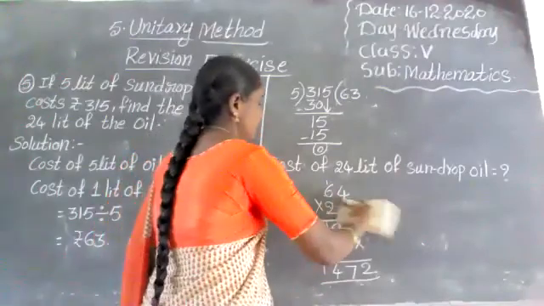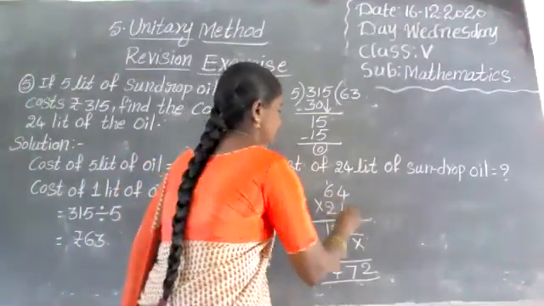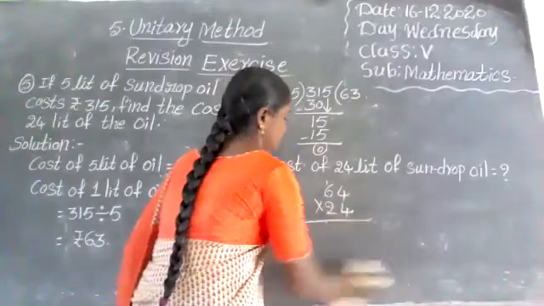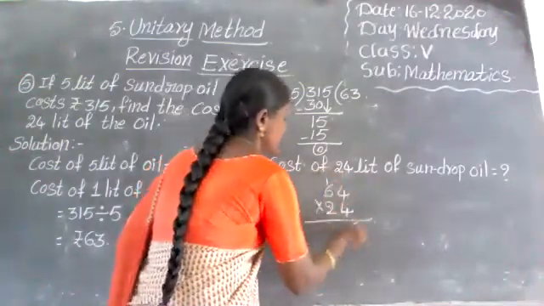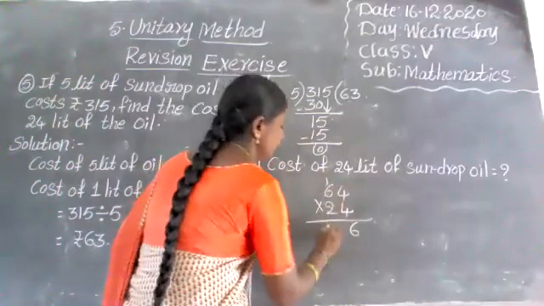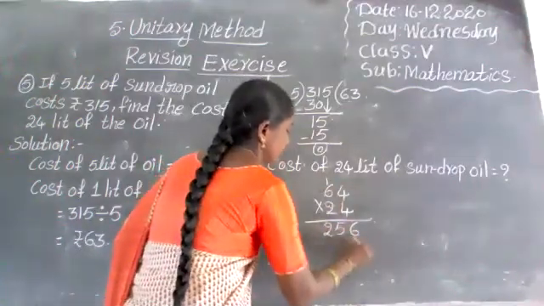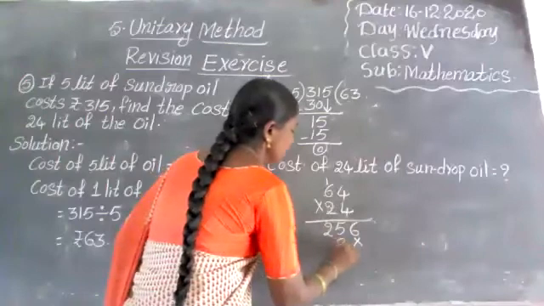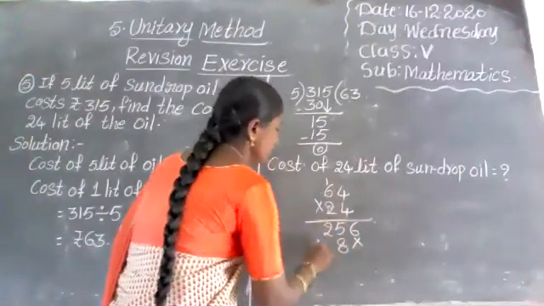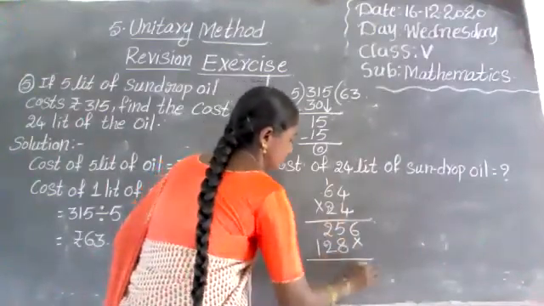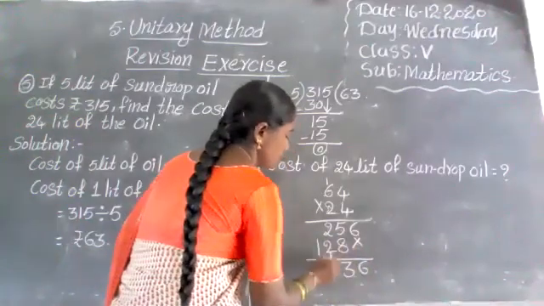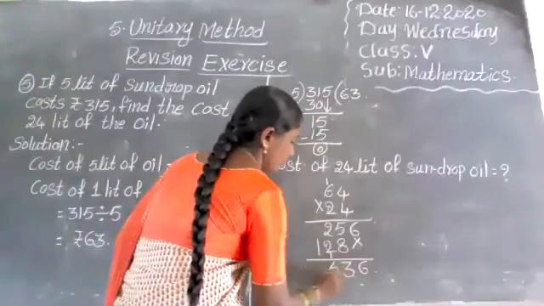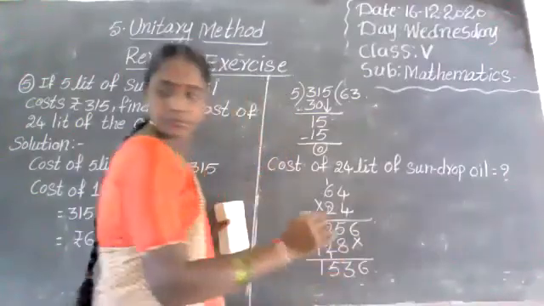Sorry, here it is 24, children. 4 4s are 16. 4 6s are 24 plus 1, 25. 2 4s are 8. 2 6s are 12.